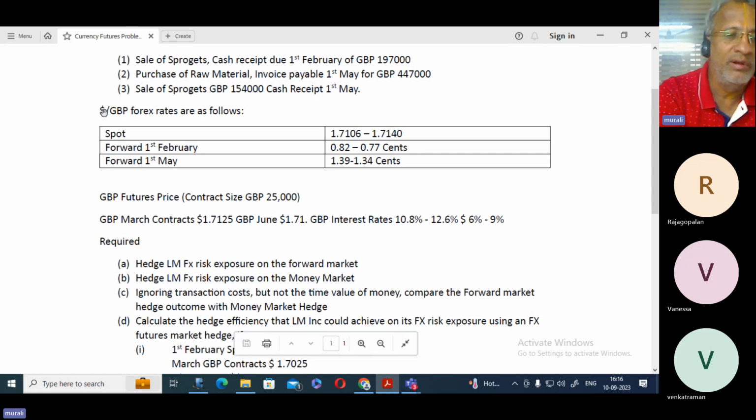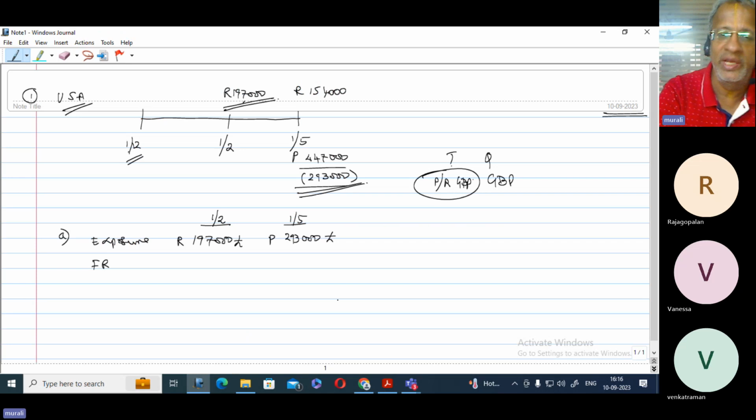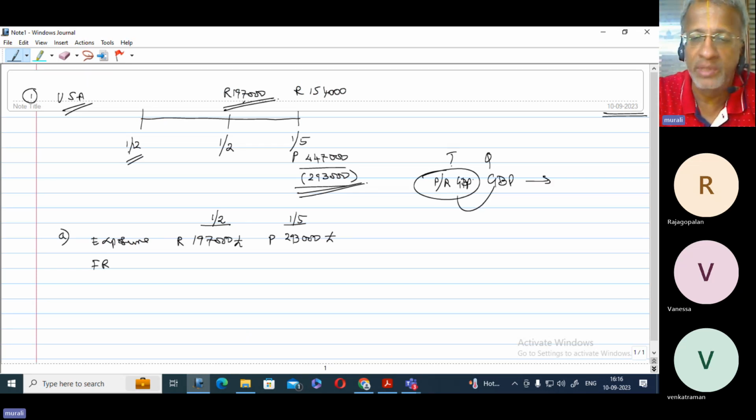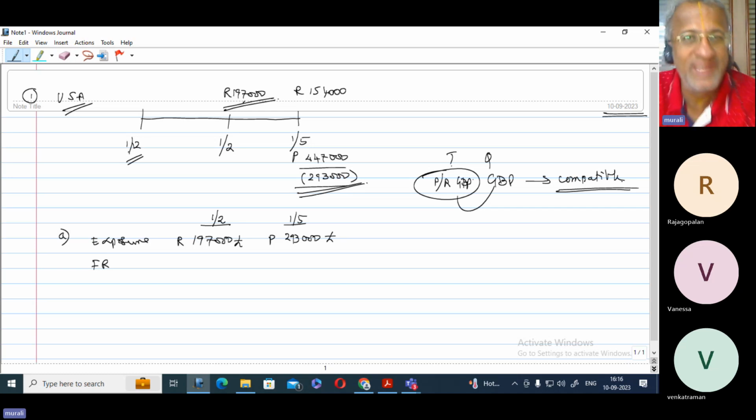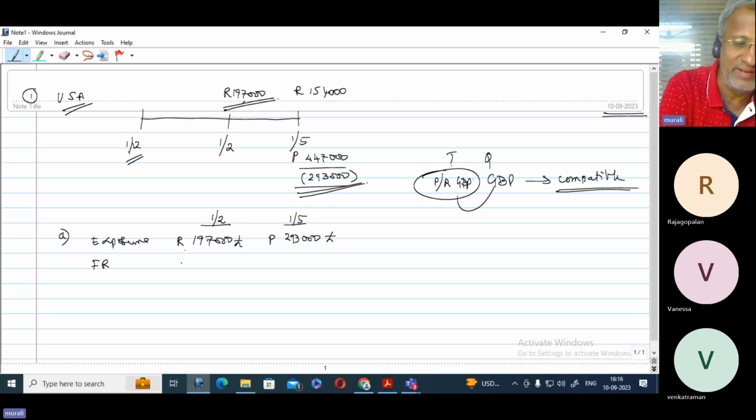You mentioned for 1 GBP, how many dollars? We are very fortunate that the transaction and the quote are compatible. So there is no need for us to change the transaction nor the quote. First point. Second point is that spot, and if that be the case, for receipt of foreign currency, we have got to sell foreign currency at the authorized dealer's bid rate.